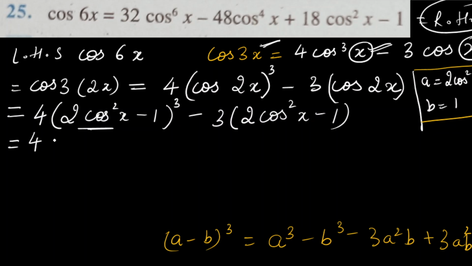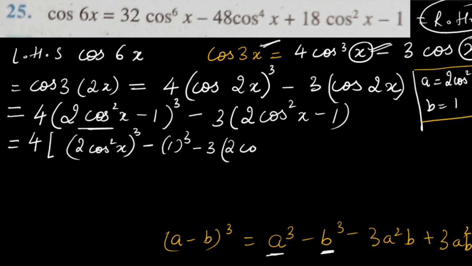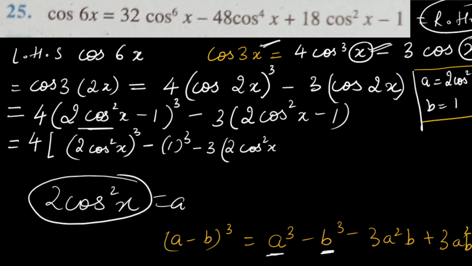It's very easy. So 4 as it is. Now it's better to write this in a bracket, because once we open the bracket we have to multiply everything with 4. So a cube: a's value is 2 cos square x, as it is, so a cube minus b cube, b is 1, so 1 cube, minus 3a square. A again we have to write as 2 cos square x. Don't miss any square or the 2; everything should be there, the 2, the cos, and the square, this complete term is a.